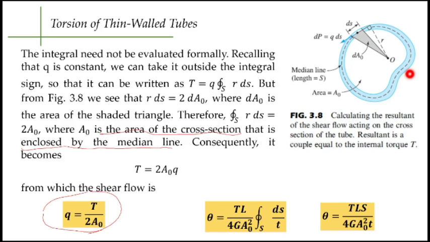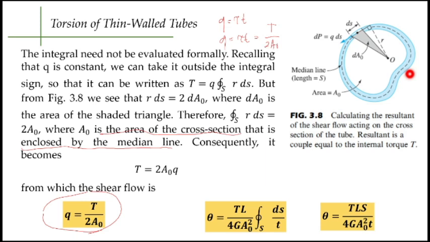Okay, so therefore we have two formulas now for our shear flow. Shear flow is equal to tau t, and shear flow is equal to T over twice area naught. So if we want to solve for the relationship between torque and shear stress, you can simply substitute: tau t is equal to T over 2 area naught.